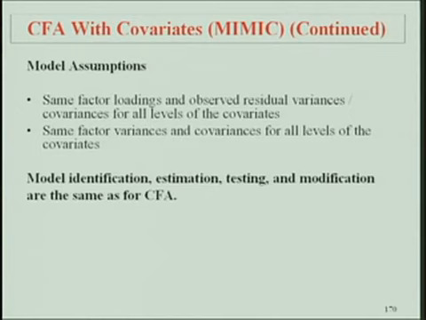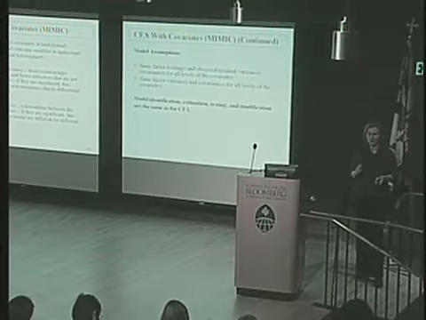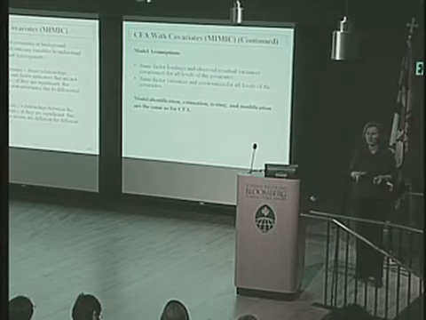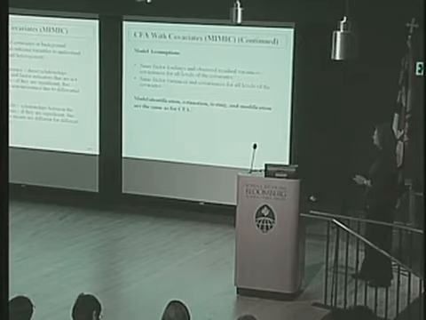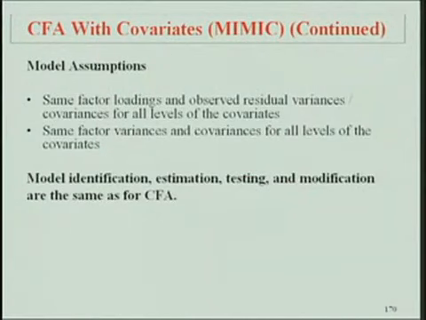We have to assume they're the same. So this is a more parsimonious model, but the only thing that we can study in a MIMIC model is whether the intercepts of Y vary across the groups. And as I just mentioned, we have to assume factor variances and covariances are the same for male and female. So as far as population heterogeneity goes, we can only study mean differences of the factors.